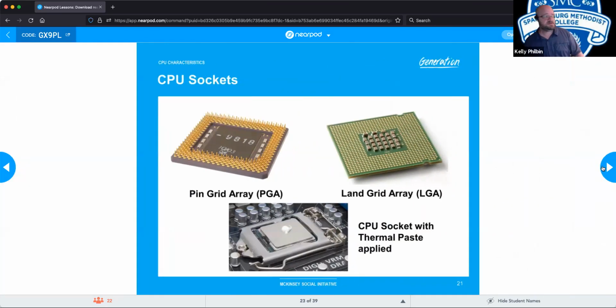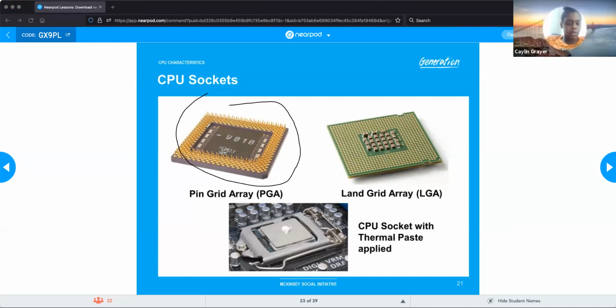Next, CPU sockets. We talked about this the past few days. We know who these manufacturers are. Kayla, what manufacturer makes this one here?